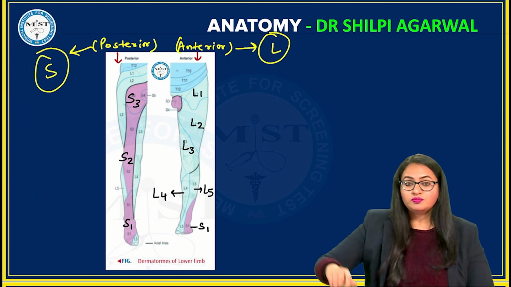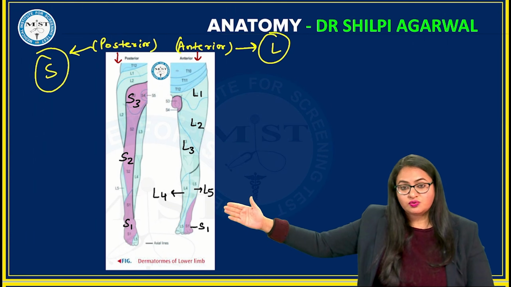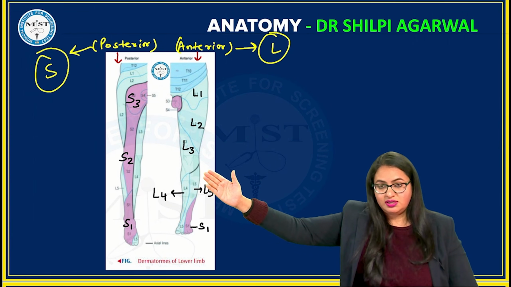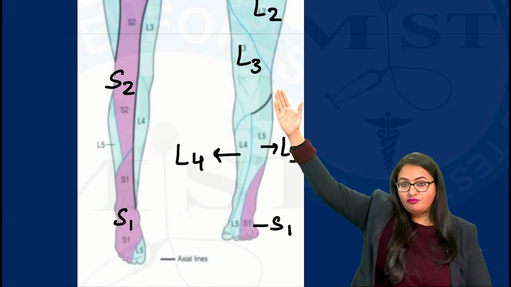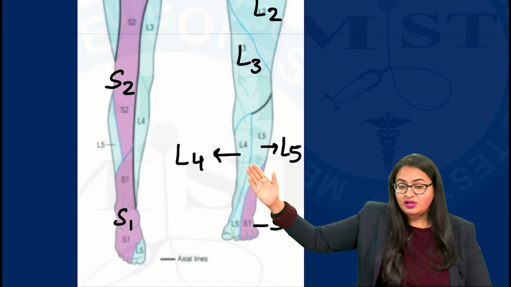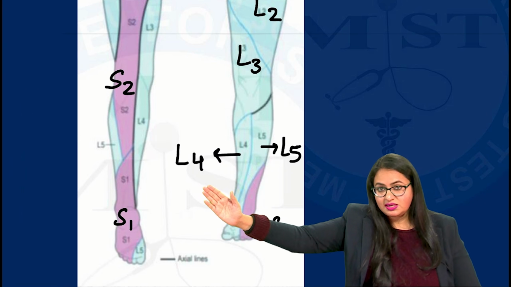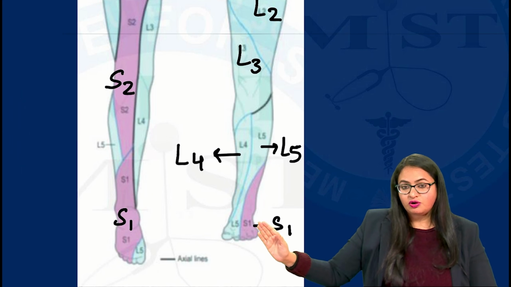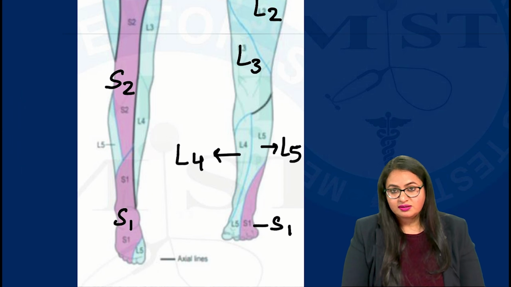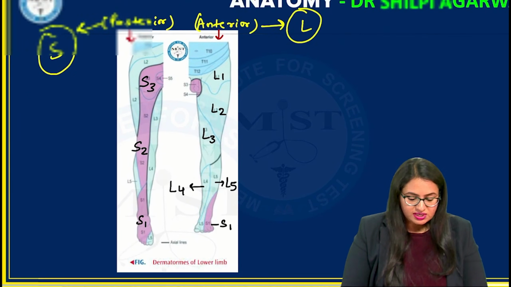The lumbar dermatomes go down one by one: L1, L2, L3. What is important for us here? L3 is at the level of the knee, and at the level of the leg, L4 is towards the medial side and L5 towards the lateral side. When you go towards the foot, on the lateral aspect, S1 has started. These are on the anterior aspect.